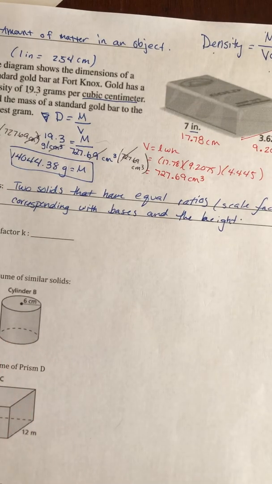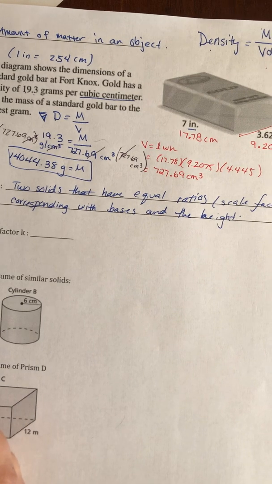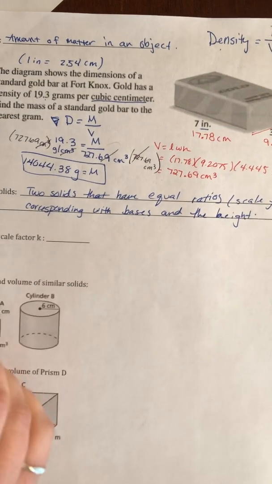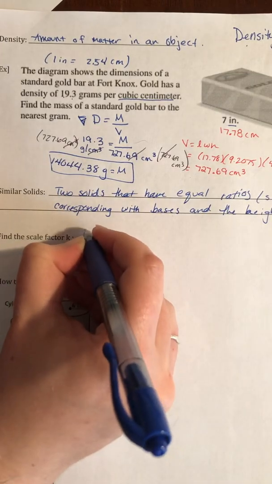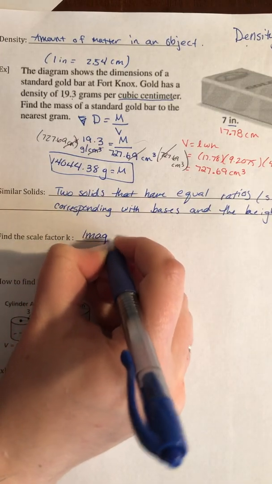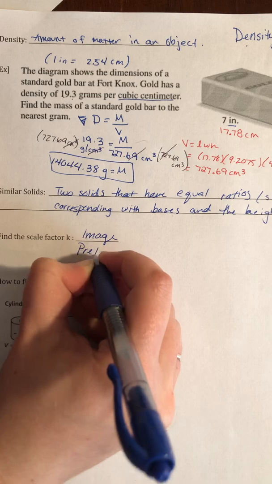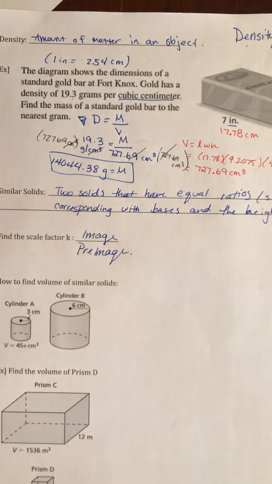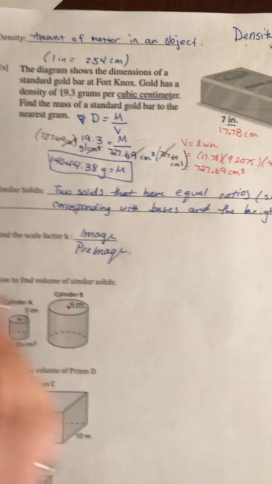So essentially, if the bases and the height all have the same scale factor, that's what you're going to work with. So remember, to find the factor, you do image over pre-image. I know how much you've missed that. So it's image over pre-image.